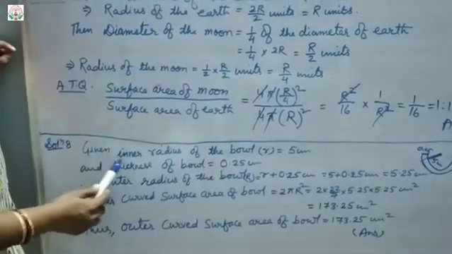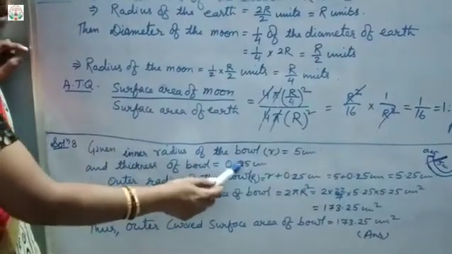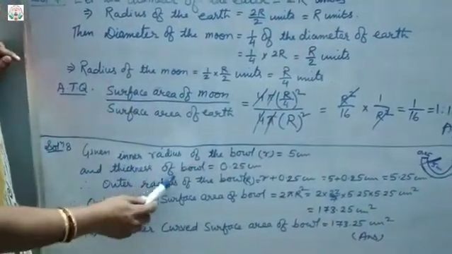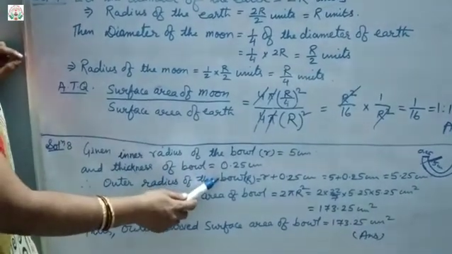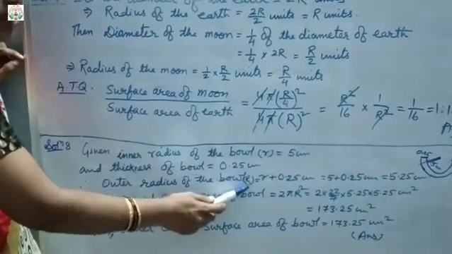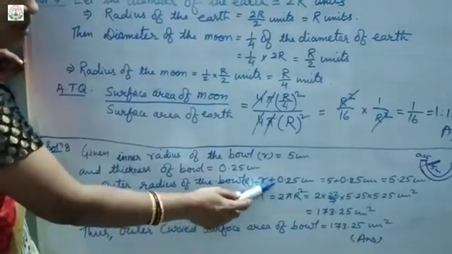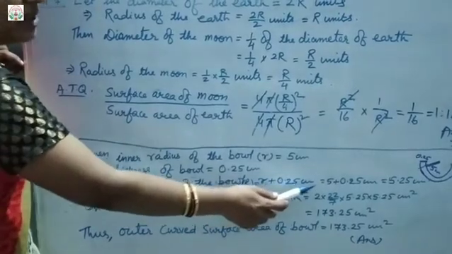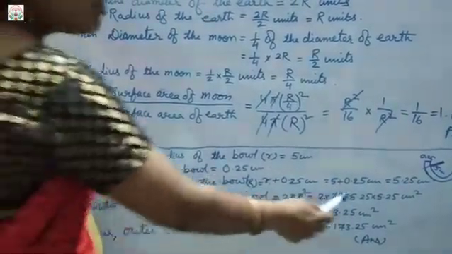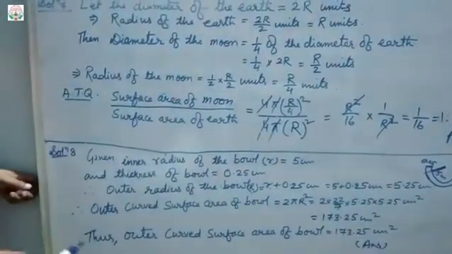Inner radius of the ball is r equals 5 cm and thickness of the ball is 0.25 cm. Now outer radius of the ball, capital R, equals small r, the inner radius, plus 0.25, which is 5 plus 0.25 cm, which is equal to 5.25 cm.